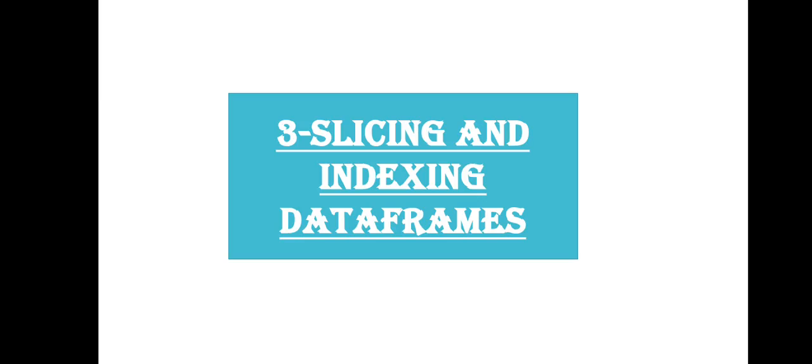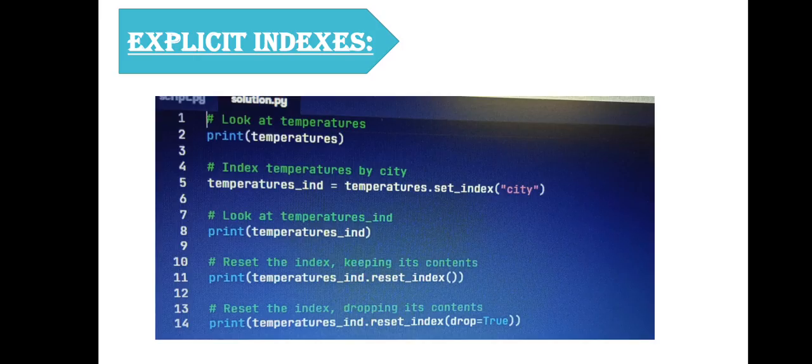The third chapter is slicing and indexing data frames. First is explicit indexes. Look at temperatures, print temperatures, then index temperatures by city. Temperatures_ind is temperatures.set_index('city'). Then look at temperatures_ind, simply type print temperatures_ind.